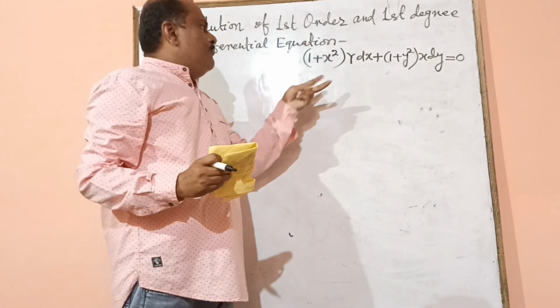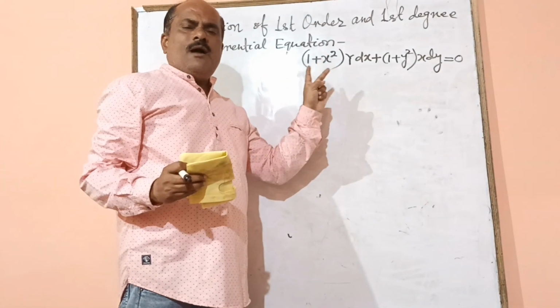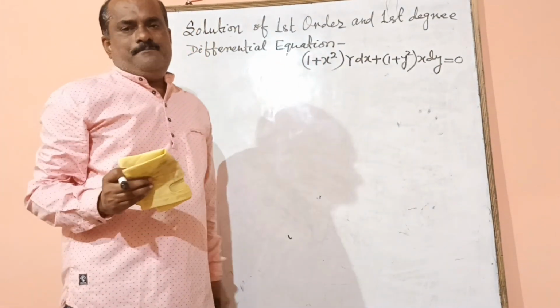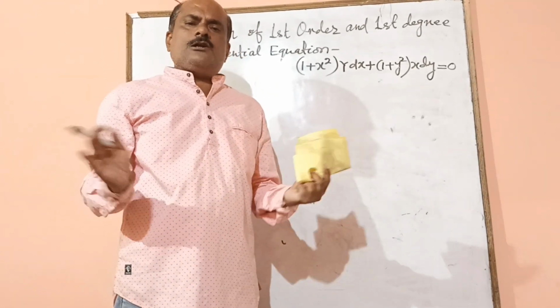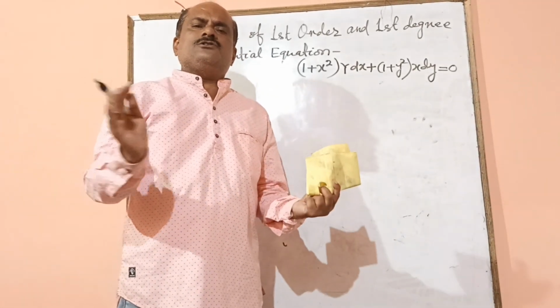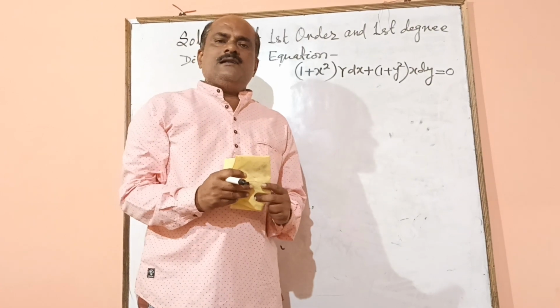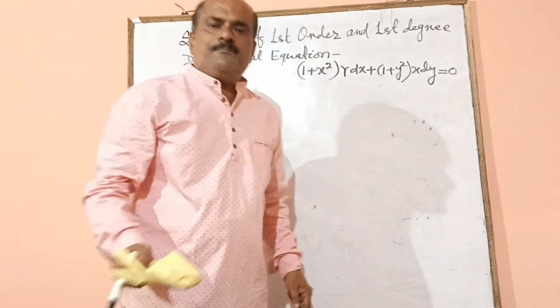Now we find the value of dy/dx. If the value of dy/dx is a product of a function of x and a function of y, then we can solve it by the variable separable method.